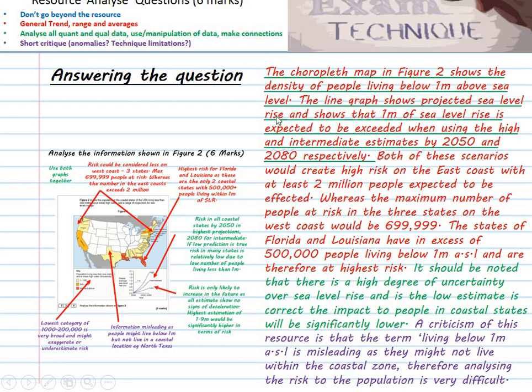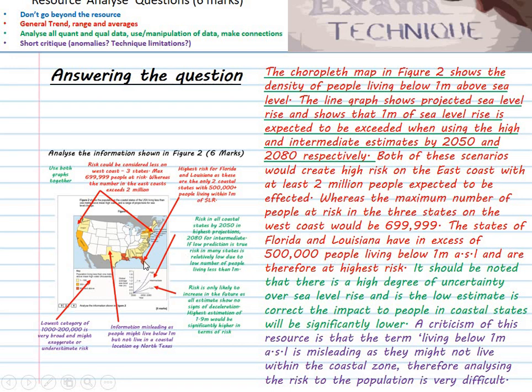The next section is all to do with the general trend and uses specific details. So both of these scenarios would create high risk on the east coast, of at least 2 million people expected to be affected, whereas the maximum number of people on the 3 states on the west coast would be 999,000 people. The states of Florida and Louisiana have an excess of 500,000 people living below 1 metre above sea level and are therefore at highest risk.